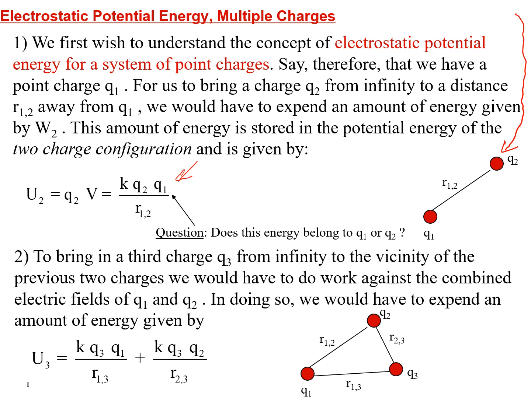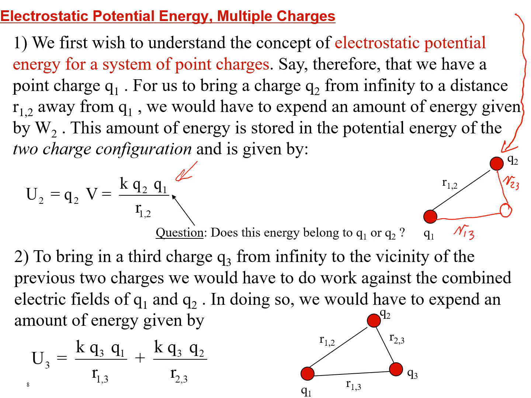Now, imagine, if you like, that I want to bring a third charge from infinity to this location out here. Okay, so I want to bring a third charge so that its distance from Q2 is given by R23, and its distance from Q1 is given by R13.